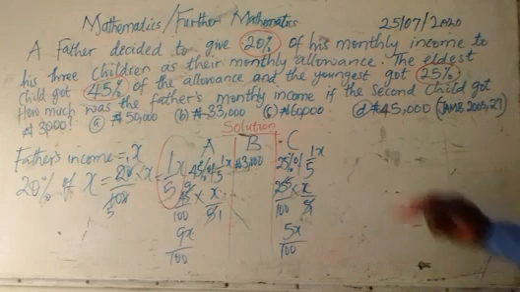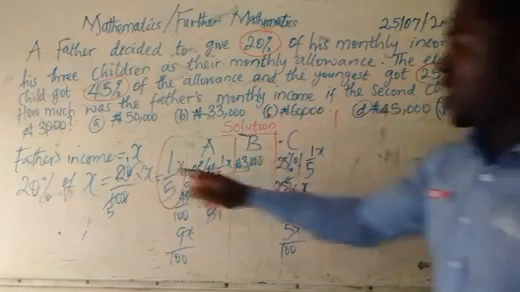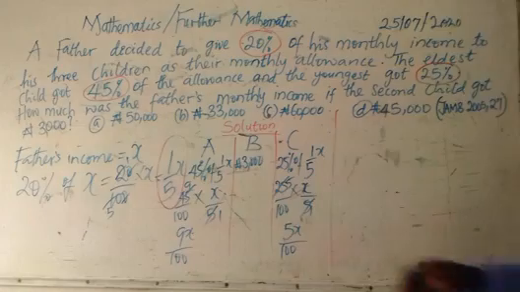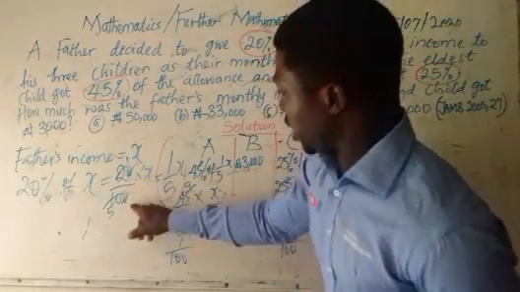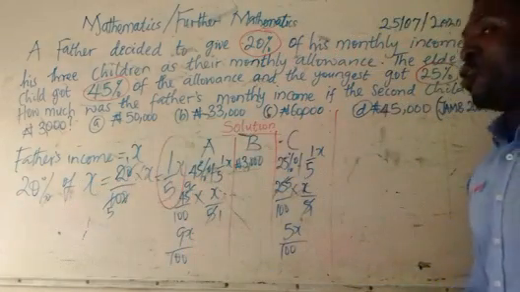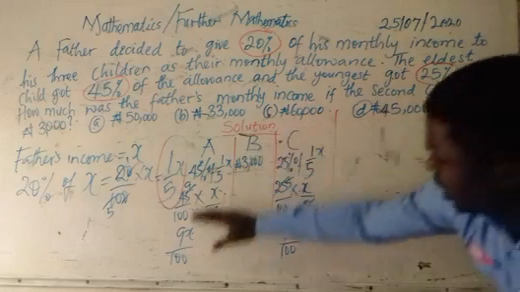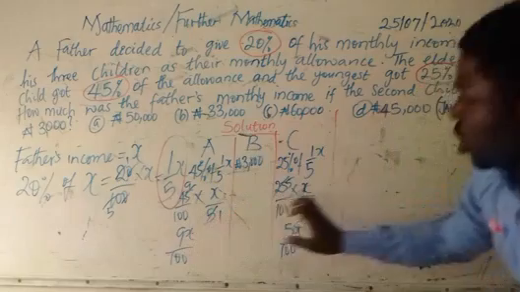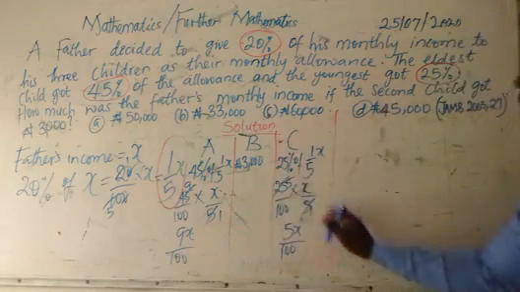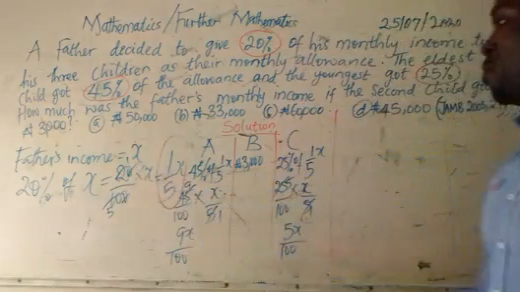Now, the next step is to calculate the father's monthly income. You remember we said the father's monthly income should be X. And 20% of X is 1 over 5X. That is 1/5 of X. So these are the shares of the 3 children. So if we put everything together, it will be 20% of the father's monthly income.